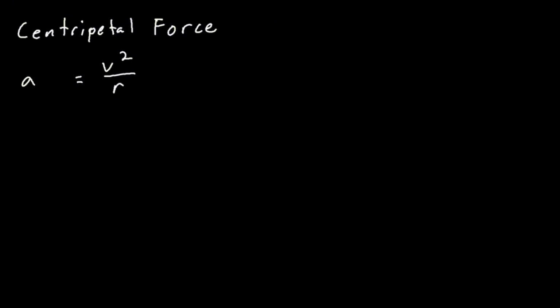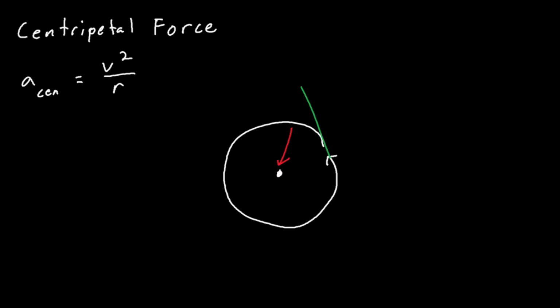And this centripetal acceleration accelerates you so that you don't fly off. So if you're going in a circle, your centripetal acceleration has to pull you in. And if it doesn't pull you in hard enough, well, you just go flying off. Maybe the path would look more like this.